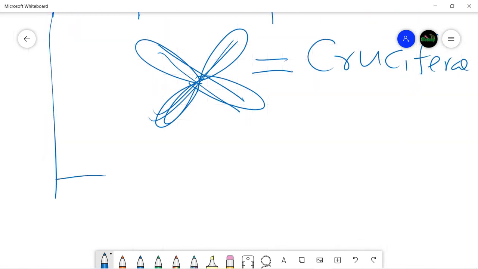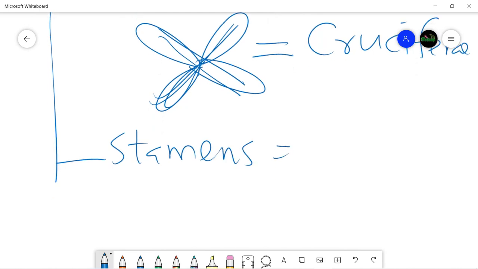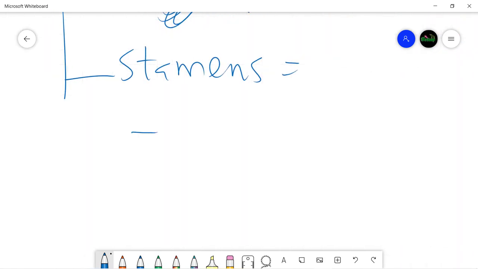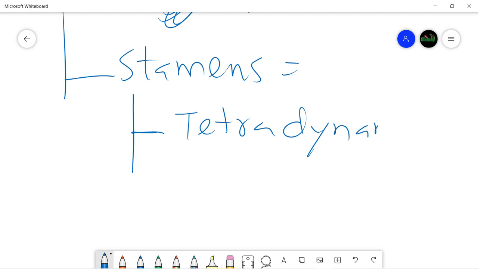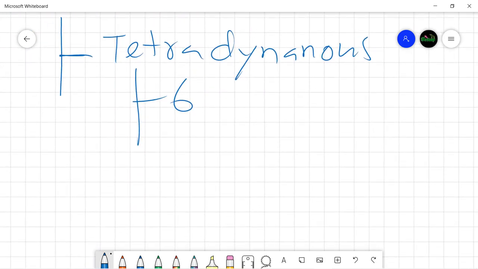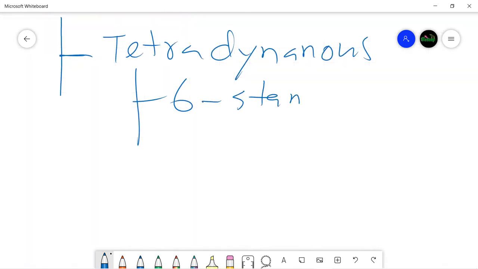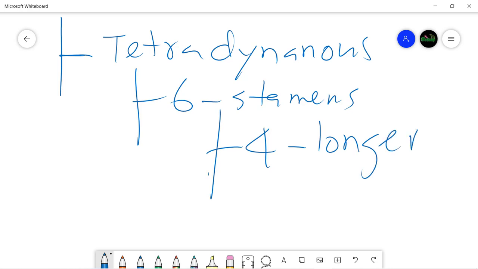The next one is the character of the stamens. Now stamens in family Brassicaceae are tetradynamous. Tetradynamous is actually six stamens, and of these six, four are longer than the other two, and two are shorter.